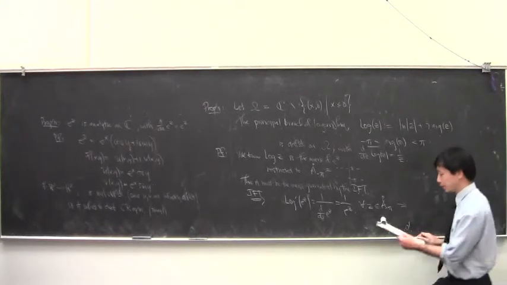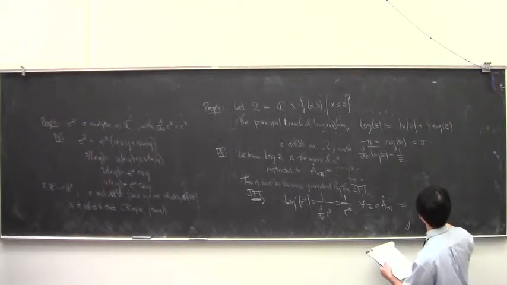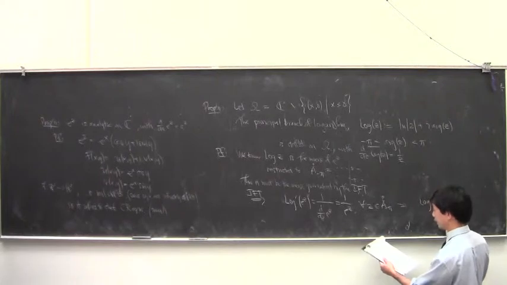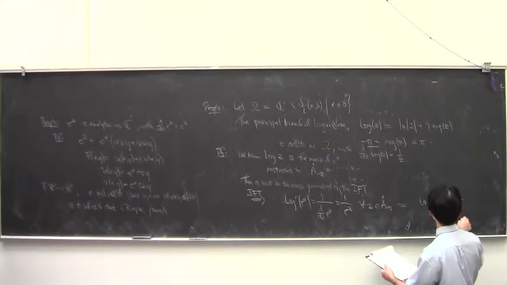And so that's the same thing as saying that the derivative of the log at any point is 1 over that point, for all w in omega.